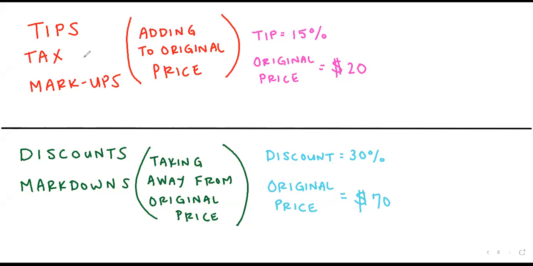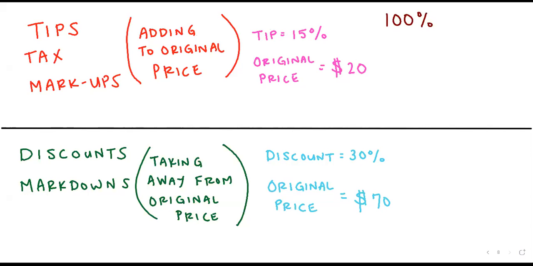Okay, tips, tax, and markups. You're adding to the original price. So if we want to pay a 15% tip and the original price is $20, you're always going to follow this process. Percentages are always based on 100, so you're always going to start with 100 because that represents 100%.